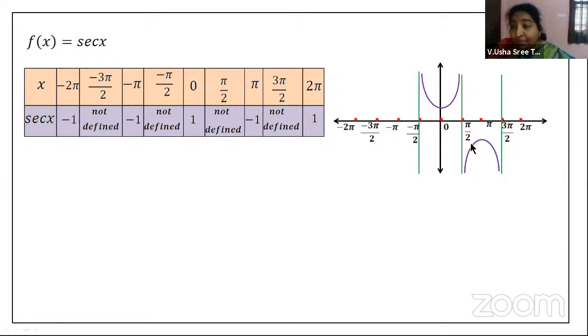Now, from 90 to 270 degrees, it is taking a negative value, minus 1 at pi, and of course at 90 it is taking a negative value, and if you continue from 90 onwards, it takes a negative value. So you are able to see that in the fourth quadrant.